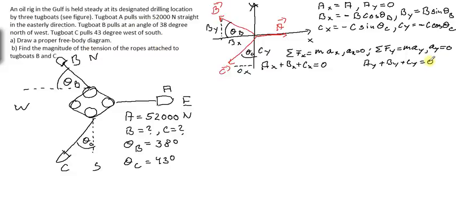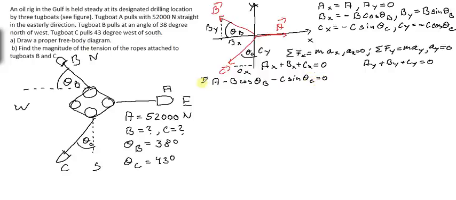Let me plug in now all the components. In the x direction we get AX, which is just A. BX is minus B times cosine theta B. CX equals minus C times sine theta C. And that equals 0.